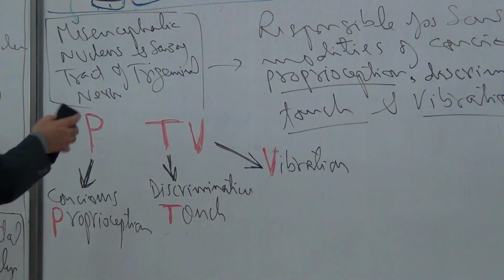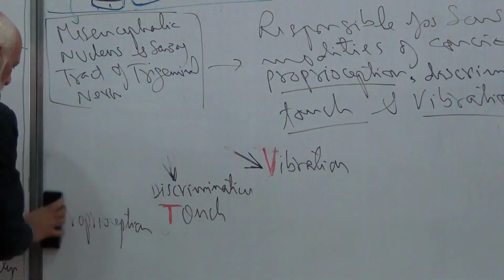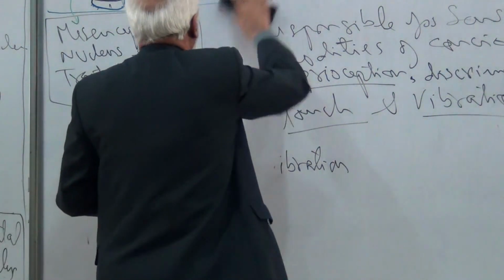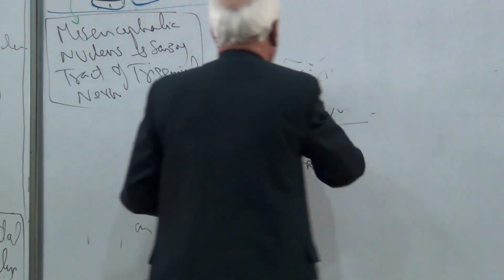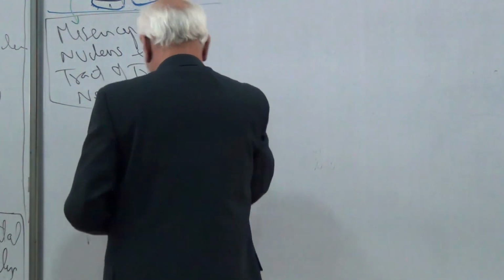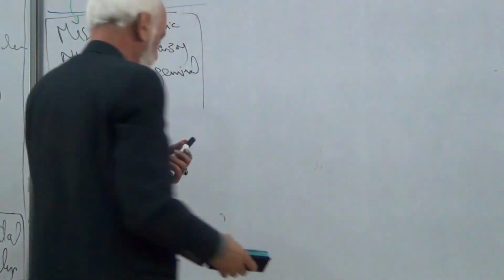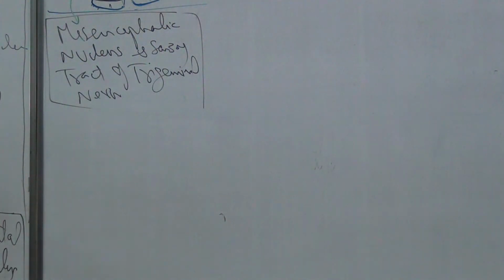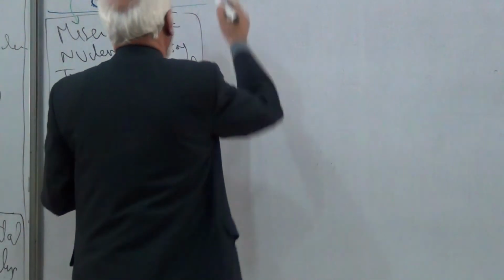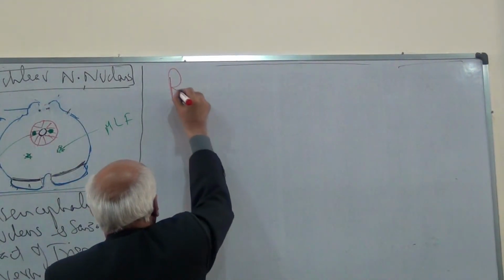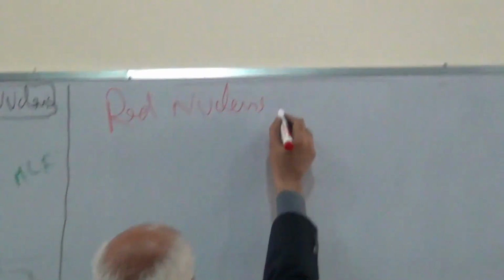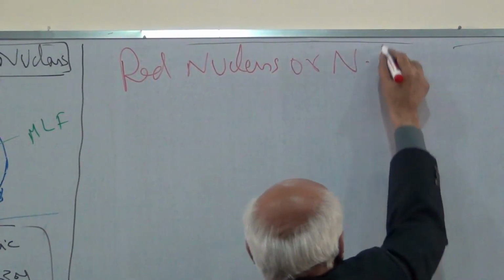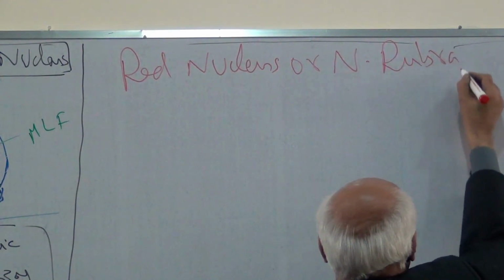The next very important part of the midbrain is the red nucleus, the nucleus ruber.